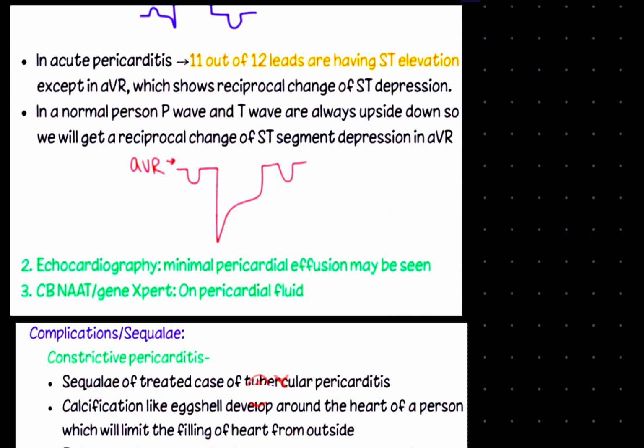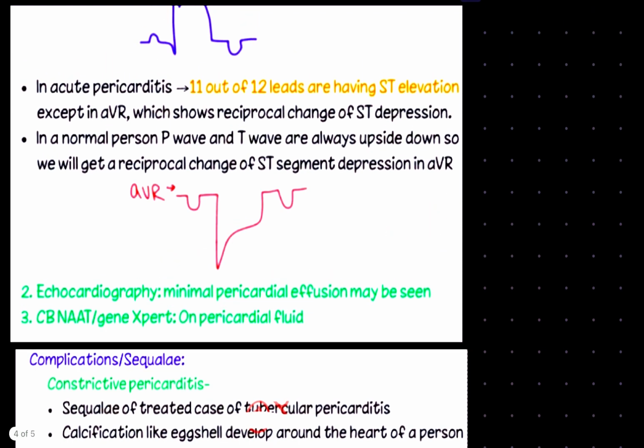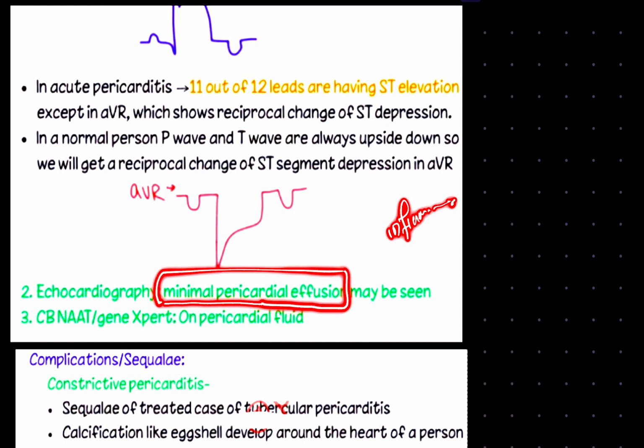But in the case of tubercular pericarditis, there are inflammatory cells also. Because of these inflammatory cells, there is a slight increase in the volume of that fluid. That means it will be more than 50 ml. So there is minimal pericardial effusion.